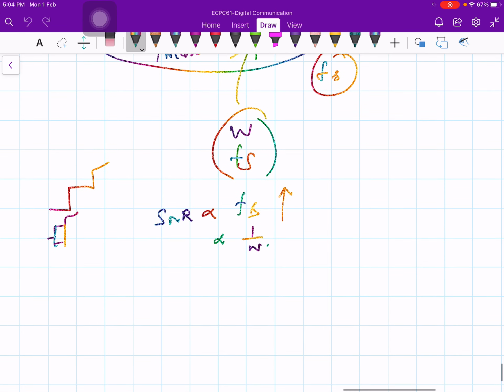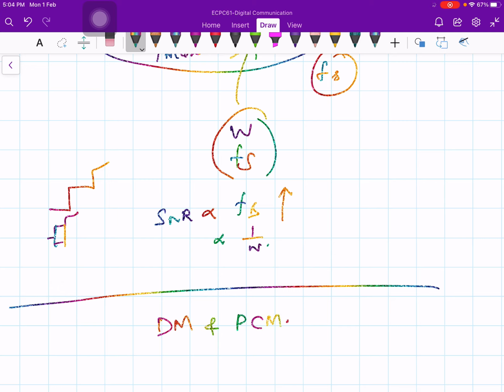Okay, now we are ready to carry out some kind of comparison between delta modulator and pulse code modulation. Now essentially, if you are in a situation to compare two communication systems, then you can compare on the basis of SNR.